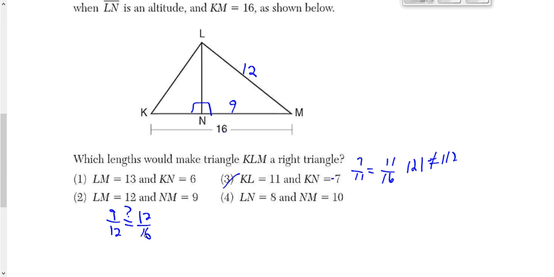Let's just put it in lowest terms. What's 9 over 12 in lowest terms? 1/3. What about 12 over 16? Divide them by 4.